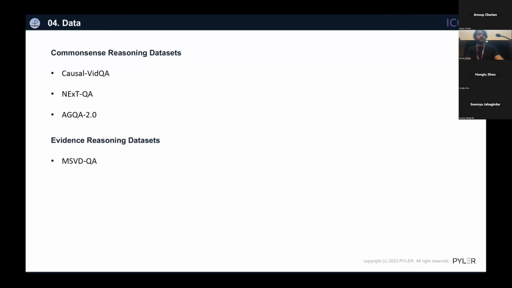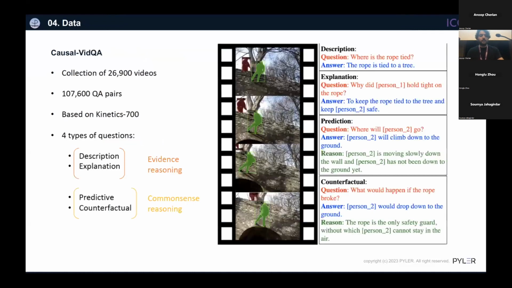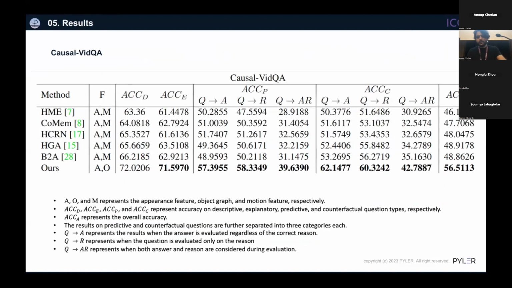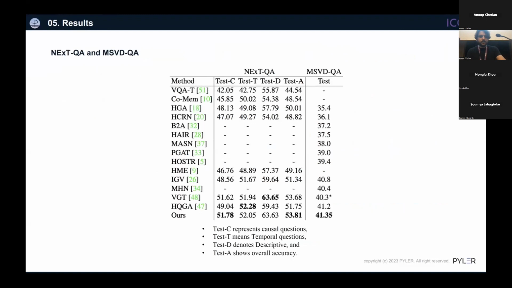Okay. These are the four datasets we used to evaluate our approach, and the causal one had more questions which we were trying to focus on, like counterfactual or predictive. On Causal VQA, we had pretty decent results compared to the baseline models. The results were not that exciting on MSVD-QA, which is based on descriptive or explanatory types of questions.